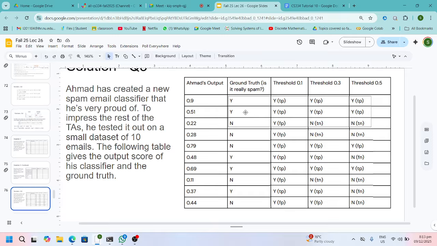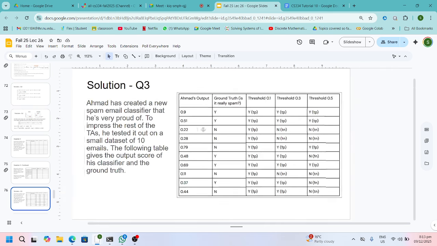Similarly, false positives are those values where the ground truth was negative, but your model falsely labeled it as positive. Similarly, false negatives are those values whose ground truth was positive, 1, but your model falsely labeled them as negative. You should be able to identify these.